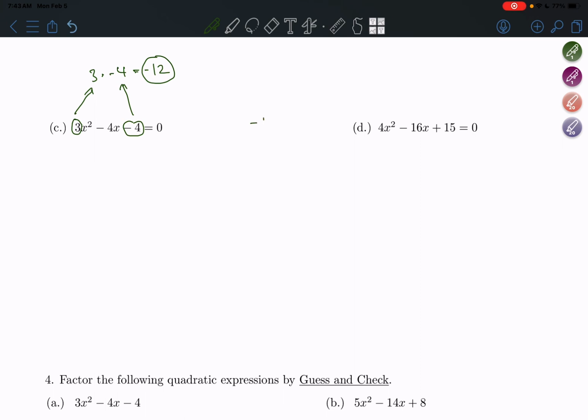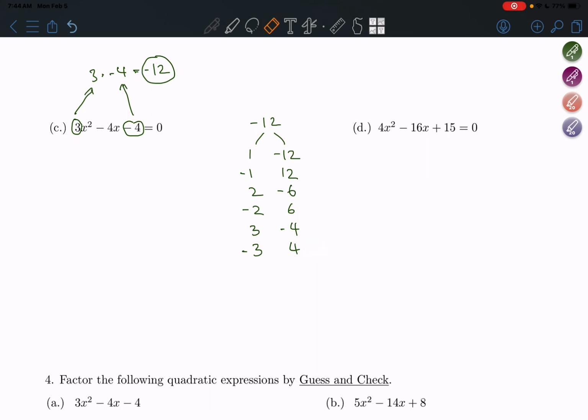So negative 12, again, break it into a bunch of factors. So 1 and negative 12, negative 1 and 12, 2 and negative 6, negative 2 and 6, 3 and negative 4, and negative 3 and 4. And again, the next number would be 4, so I already have it here.